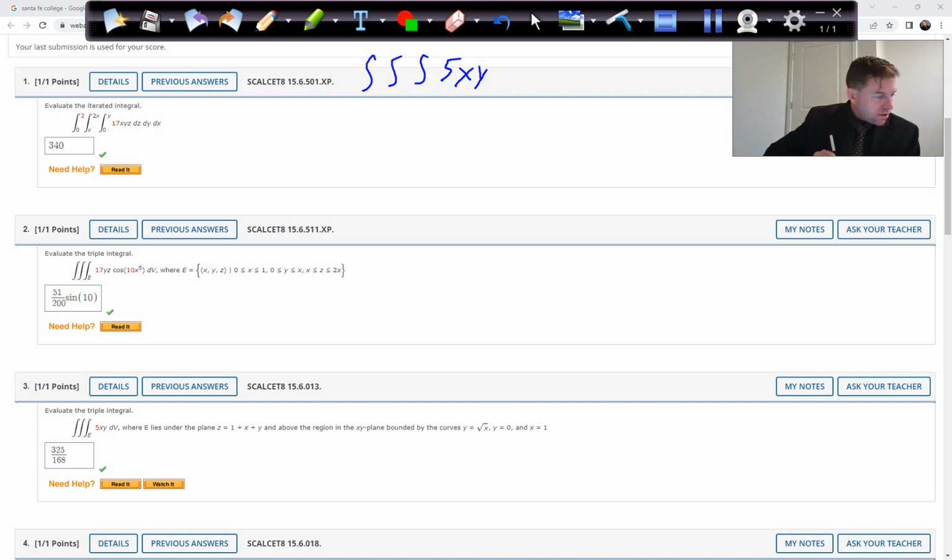So what we're going to do is start with z. So we're going to go dz. Well, z is going to vary from 0 to this equation, 1 plus x plus y. Then we're going to go dy. Y varies from 0 to square root x.